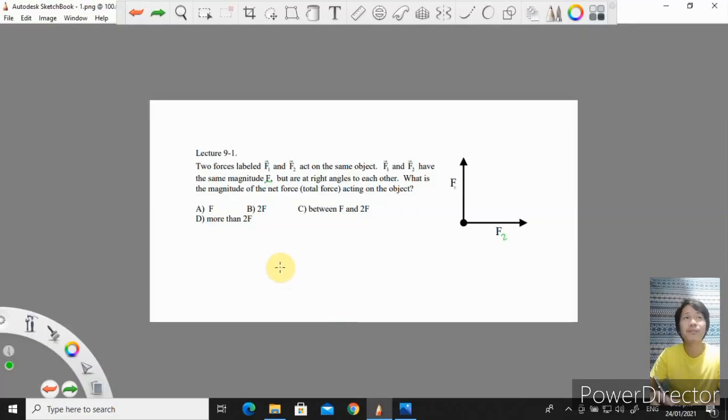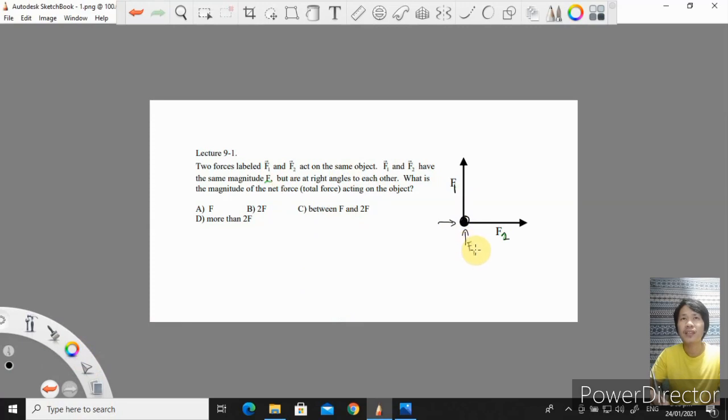Concept test. Okay? So, two forces daw labeled F1 and F2 are acting on the same object. So, ito yung object mo.